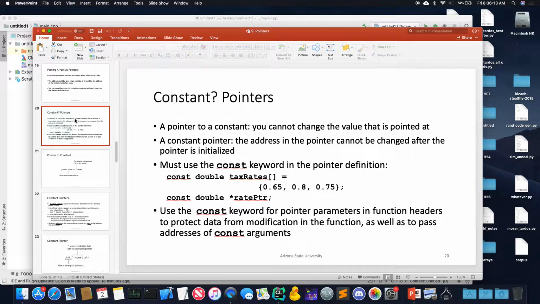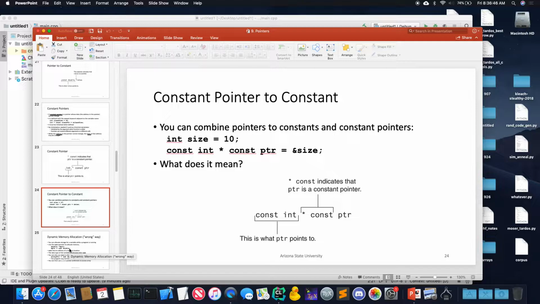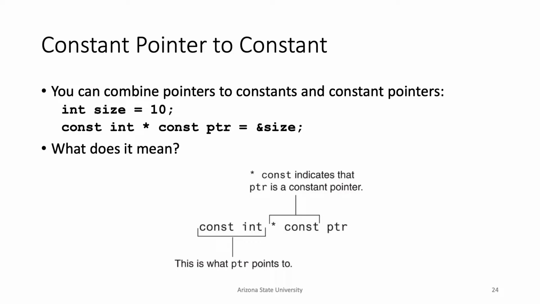And then we ended with if we wanted to make the pointer constant so it can't point to any other place than it was initially assigned to, or I can just say the thing the pointer is pointing to will not change, but the location of the pointer can change. Or you can do both simultaneously, which is what we saw here: I don't want the pointer to change locations, but I also don't want the value at the location to change either. Okay, so let's just continue from there.